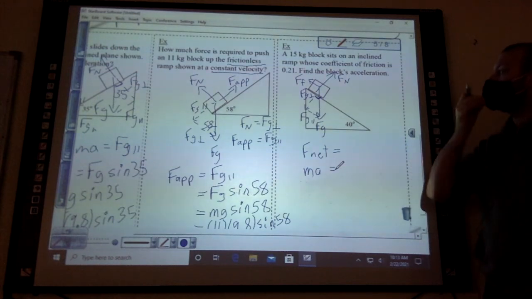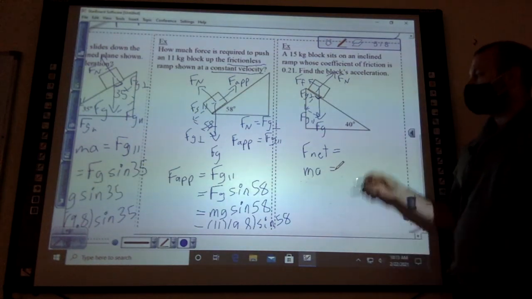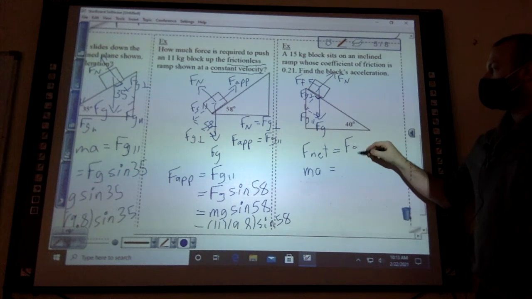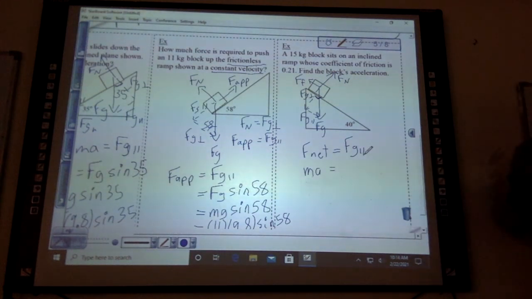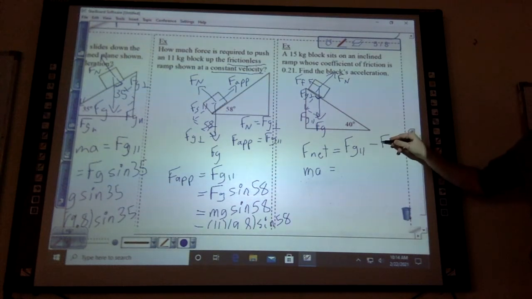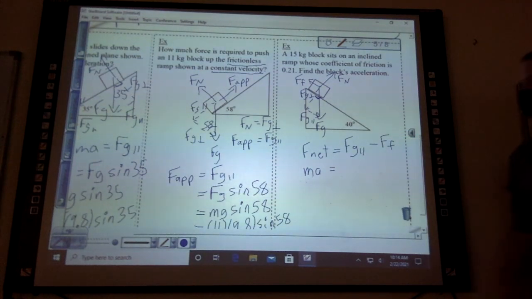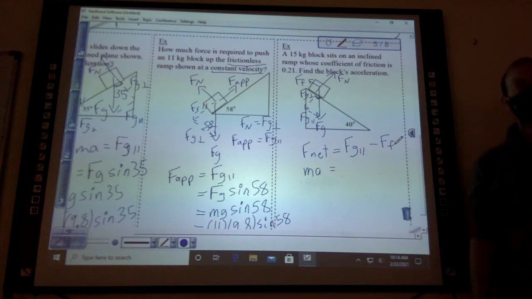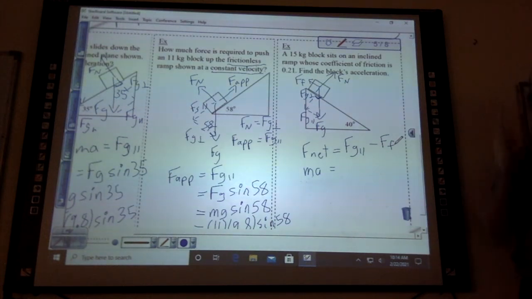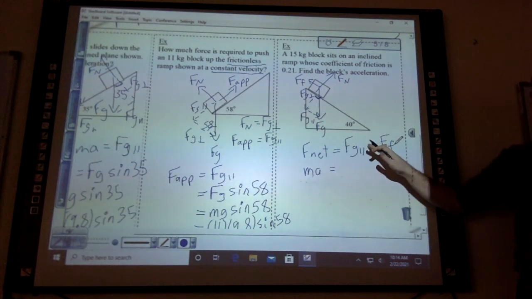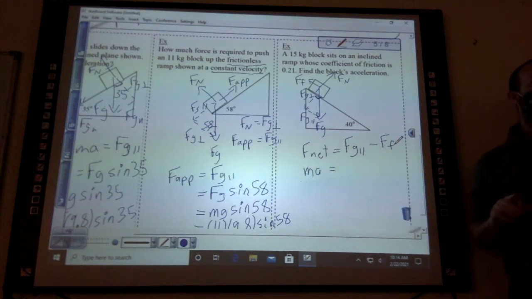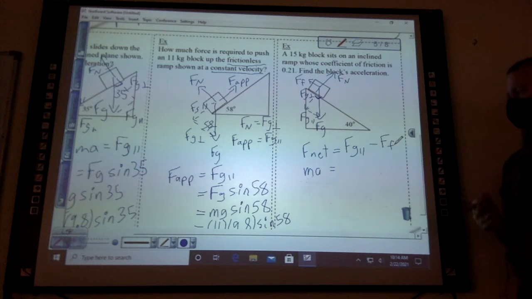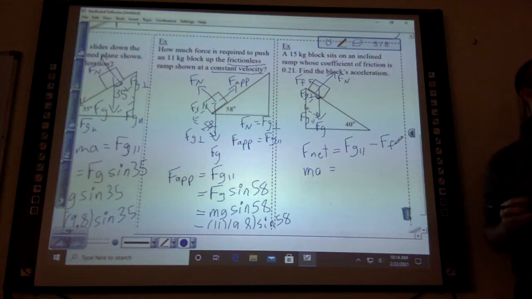Yeah. So the winning force in this case, or what's causing the object to move, is Fg parallel, minus my friction, because friction is opposing that. So this is my net equation. Again, do not memorize Fg parallel minus force of friction is the net equation, because I can give you a bunch of cases where that does not work.